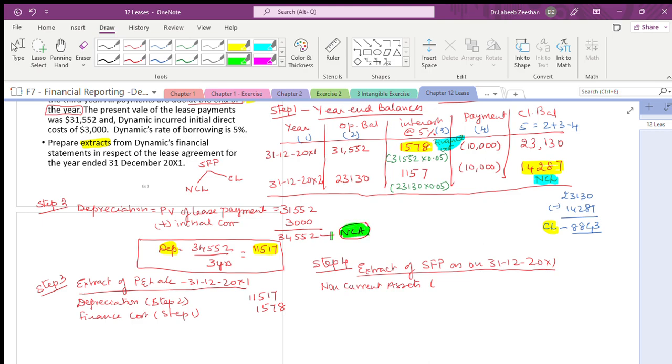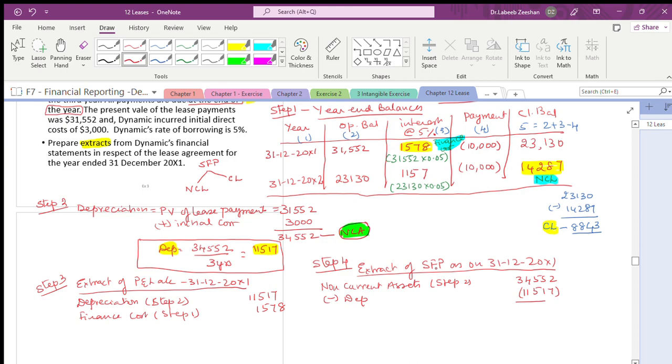Is that the non-current assets? How much is it? Is that step 2? How much is the non-current assets? 34,552. From these non-current assets, we have to deduct what? Depreciation. We have to deduct depreciation. How much is the depreciation? 11,517.